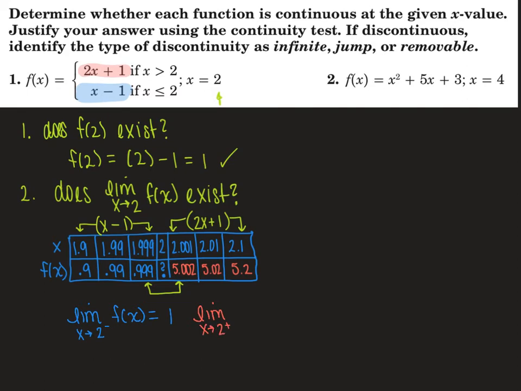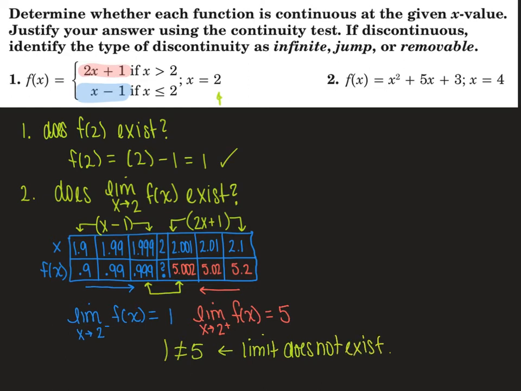We use a little plus sign to talk about the right of f of x. And you can see that that number is getting closer and closer to 5 as we're coming in from the right, as opposed to coming in from the left. So this is a pretty big issue because 1 does not equal 5 in my book, right? 1 does not equal 5. So this tells me that the limit does not exist.